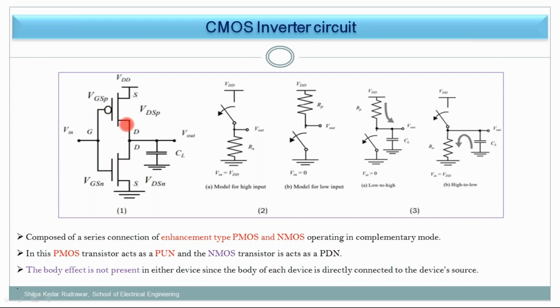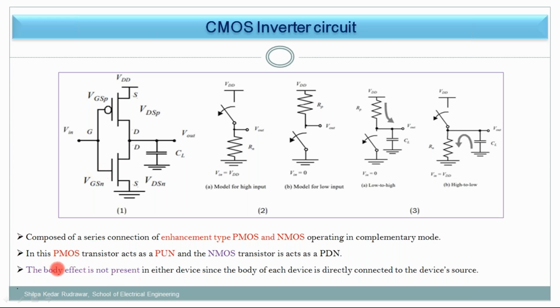To have the same VT, the threshold voltage where the device turns on, both devices should turn on at the same voltage magnitude: minus 0.7 for this and plus 0.7 for this. I want exactly complementary operation. Complementary means once this is on, this will be off, and once this is on, this will be off. That is why VT should be exactly the same but opposite in sign.